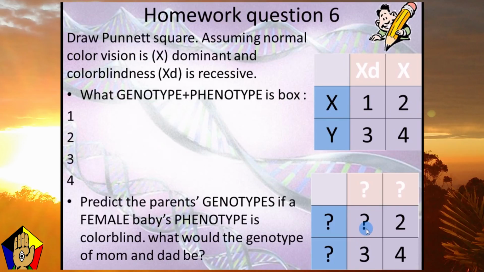Is only one affected? Or are both affected? And then you can predict the parents. We're going to predict that the dad is colorblind, but the mom is not colorblind. So baby girl's colorblind, dad's colorblind, mom is not colorblind. Forgot to type that in.